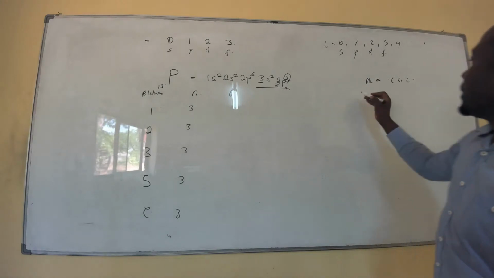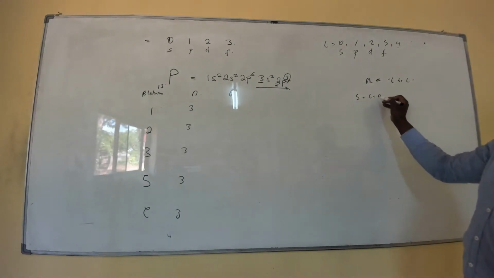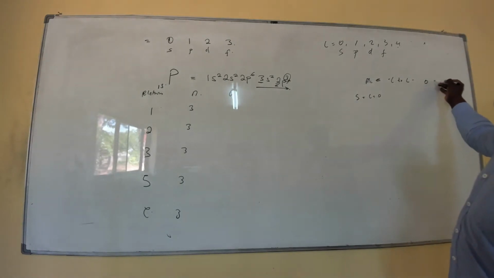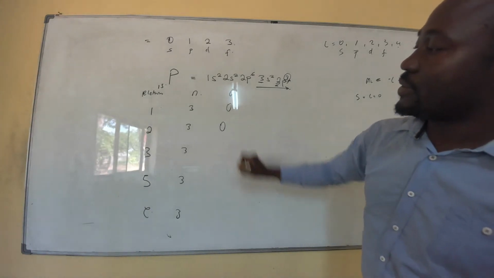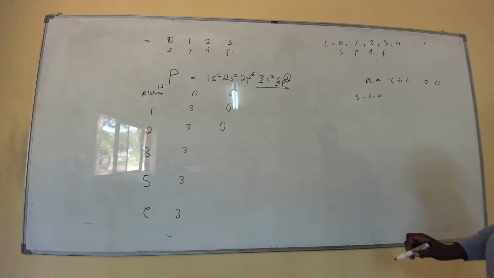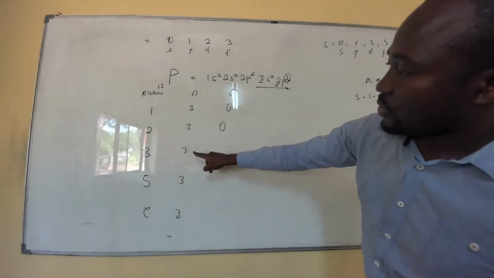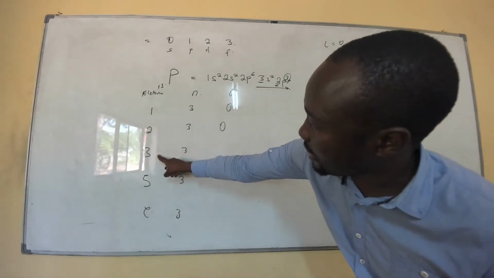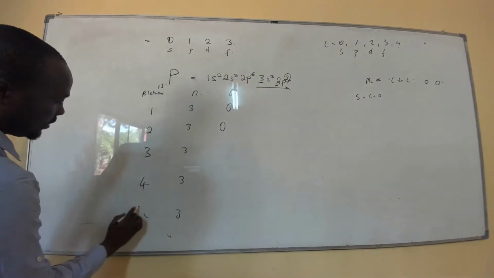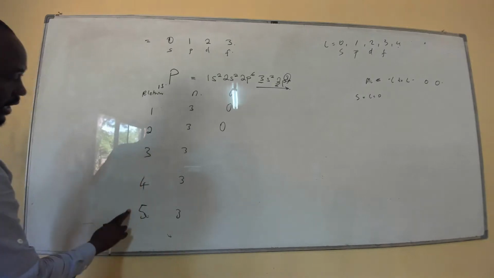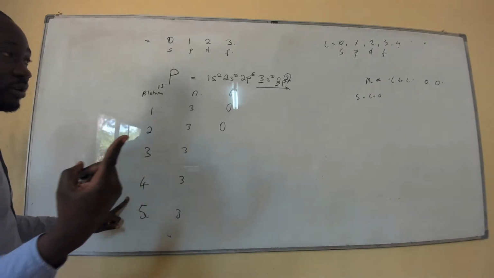Then for S, L is equal to 0. So this will be 0, 0. So you have 0 here and 0 there. Then these 3 electrons, starting from here, so this is 4 and 5. Each one of these is in its single orbital.